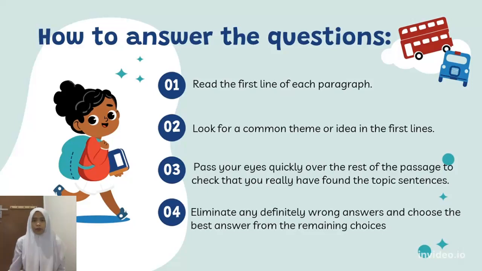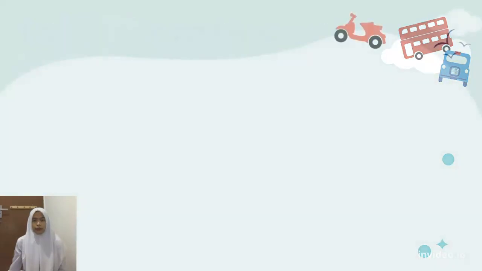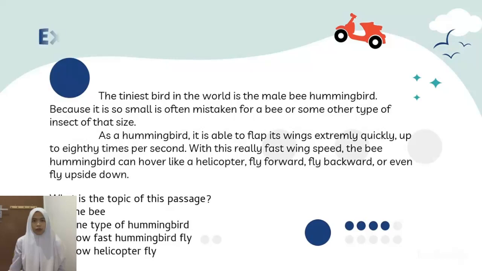For example: the tiniest bird in the world is the male bee hummingbird. Because it is so small, it's often mistaken for a bee or some other type of insect.